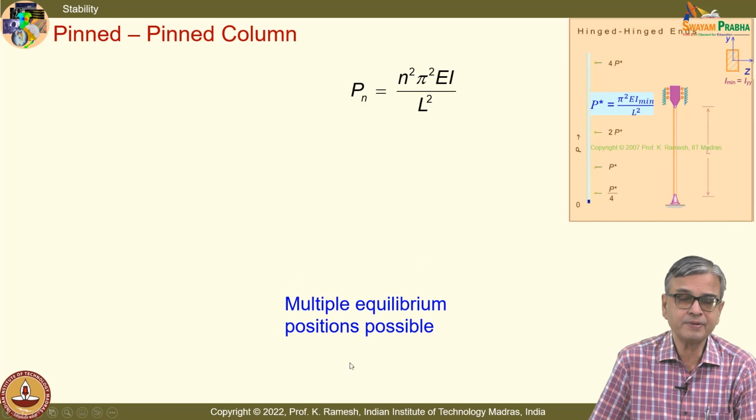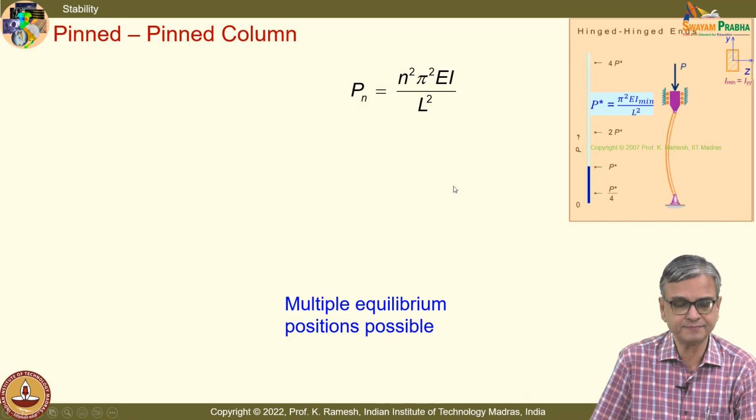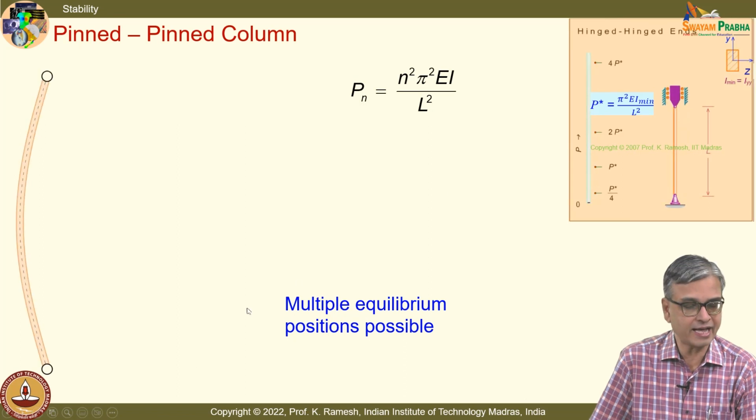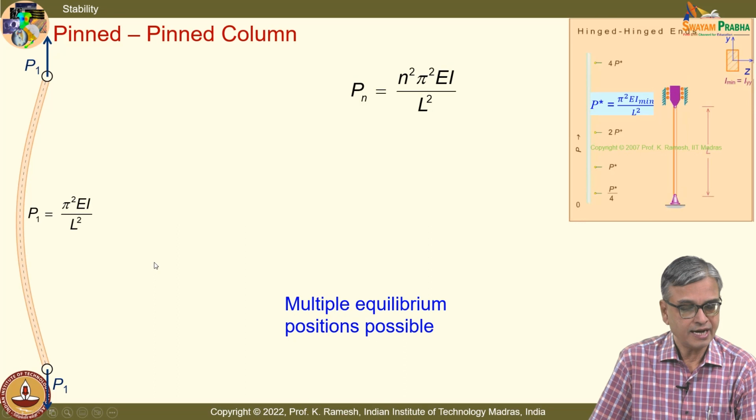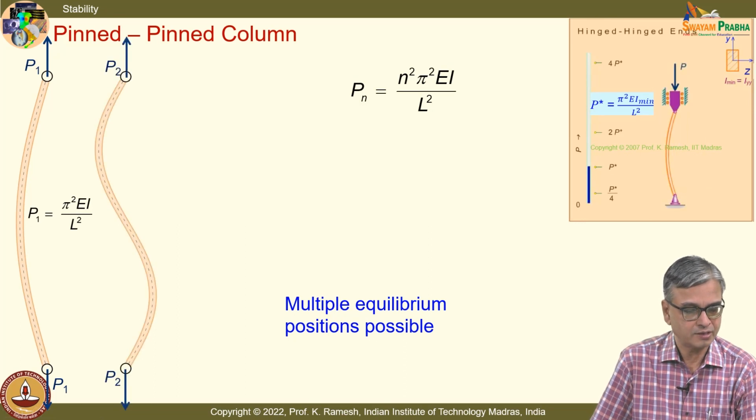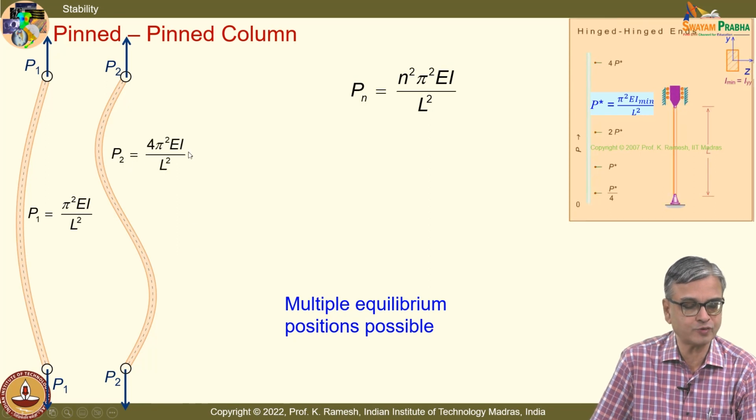You have multiple equilibrium positions possible, and when I have n equal to 1, I have the mode 1, which has a buckling shape like this, pi squared EI by L squared, and when I have n equal to 2, I have P2 as 4 pi squared EI by L squared.